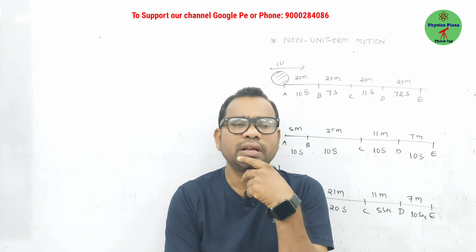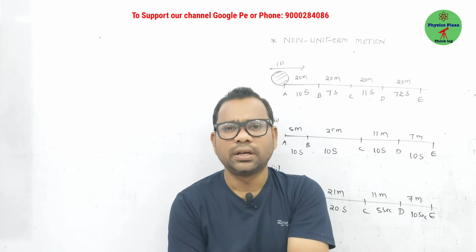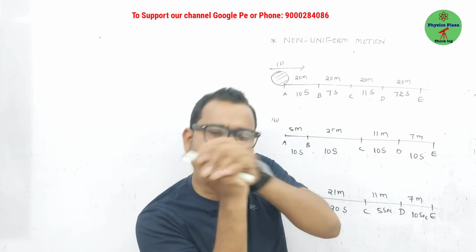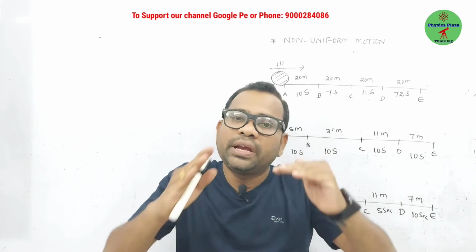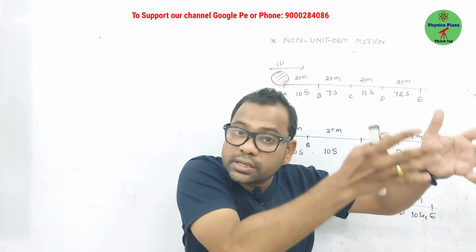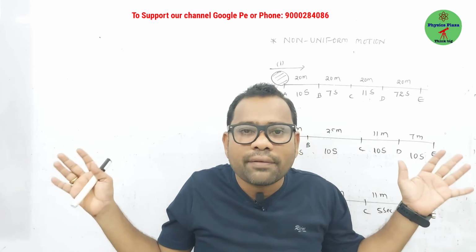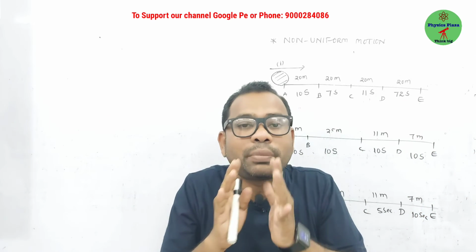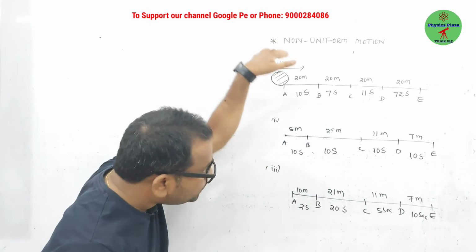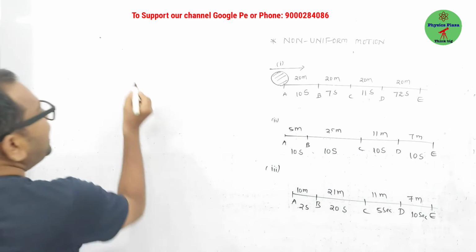For example, if the run rate is 7, does it mean that the batsman is hitting 7 runs every over? No. In one over he may hit 1 run, in one over 12 runs, in one over 20 runs, in one over, for example, 8 runs. So average means they add all the runs and divide by the number of overs. That is the average actually. But if you want to know the speed of a vehicle going with non-uniform motion, dear children, we must calculate the average speed.